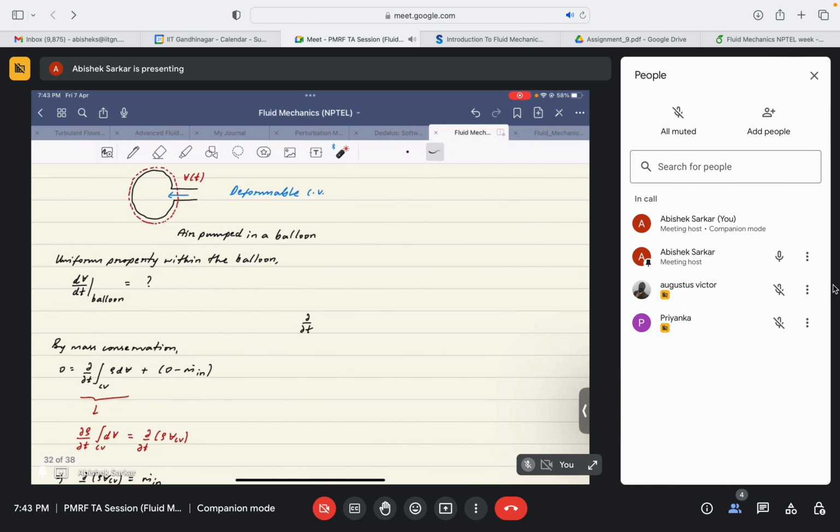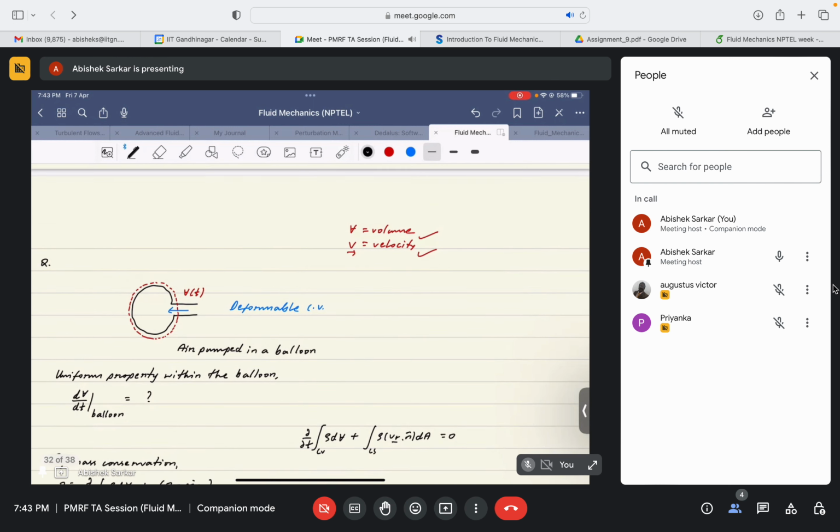Okay, so writing the mass conservation principle: del by del t of the integral of rho dV, plus the integral over the control surface of rho (V_R dot n cap) dA, equal to 0.